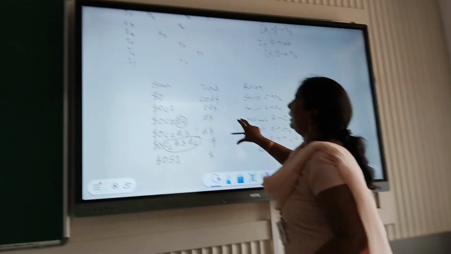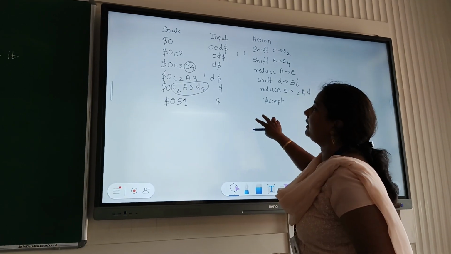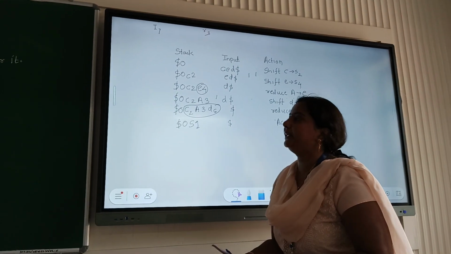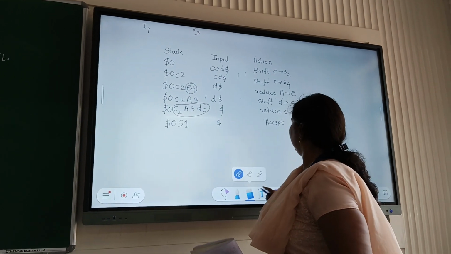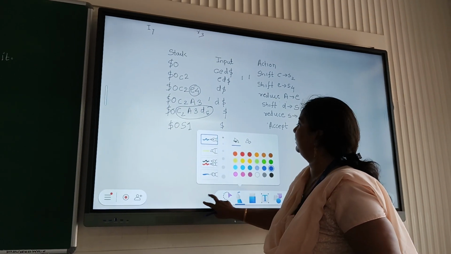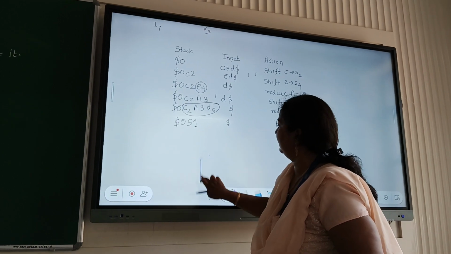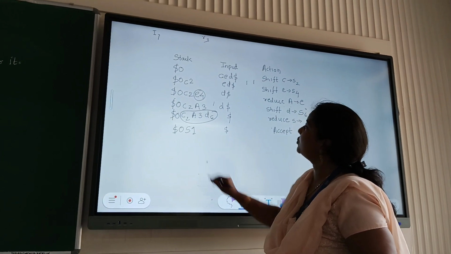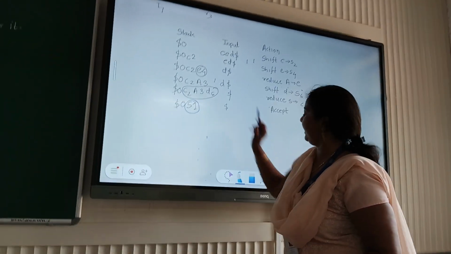Understand? And last one, draw directly from this step. First of all, which node is there? First node is S. S implies CAD.